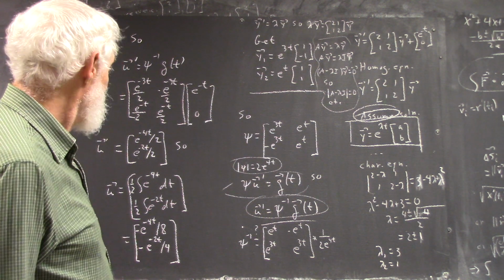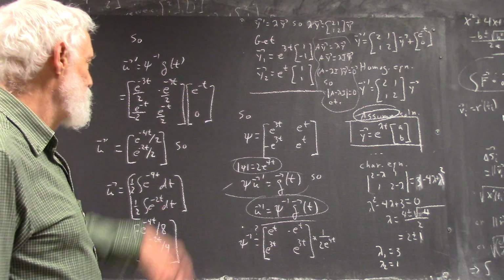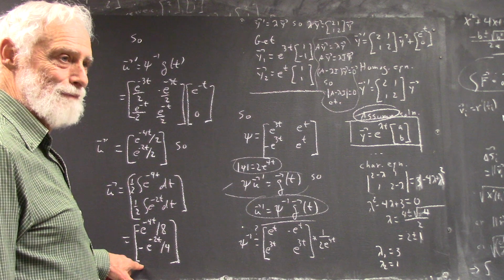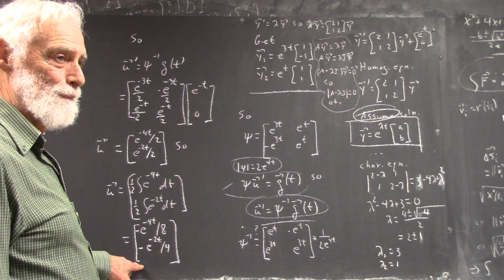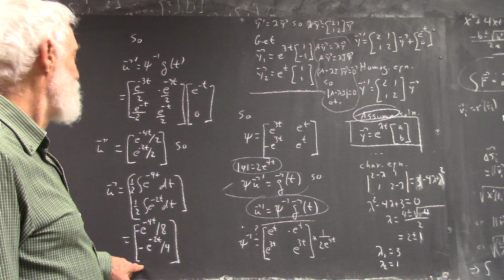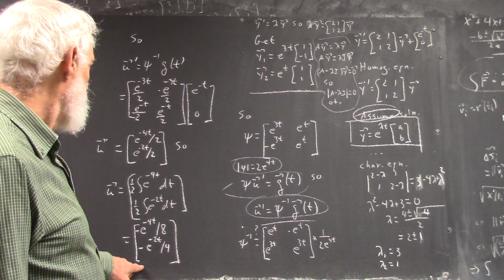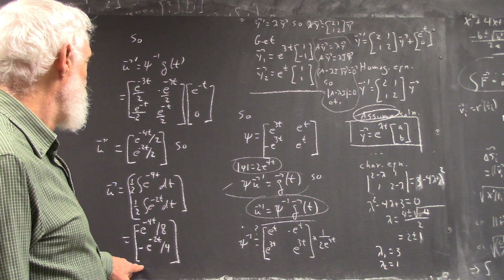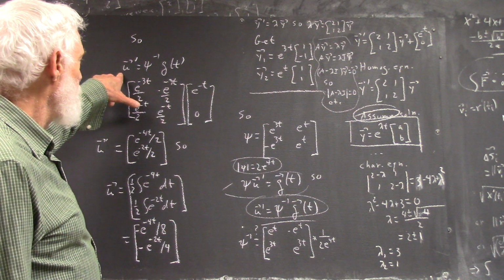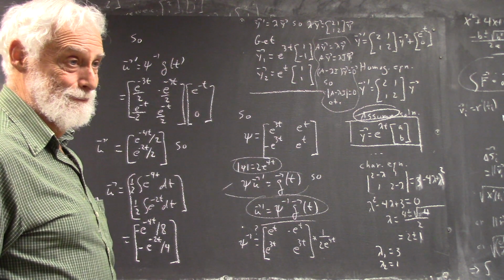Actually, no, we solved for AB up here. Here's our u. I'm sorry. Okay? I don't remember where we got u from. u is what you got to multiply by psi to get a particular solution.